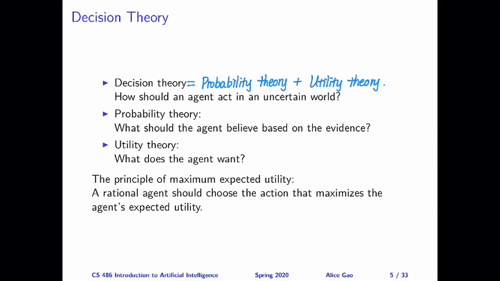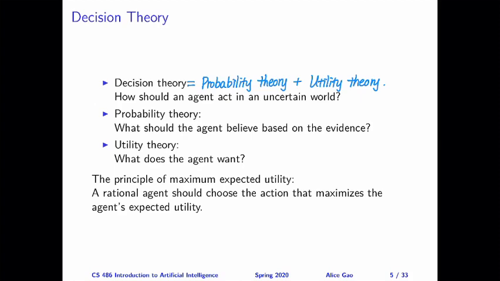So we can use utility theory to measure how happy the agent is in each potential state of the world. By using the agent's utility function, we can guide the decision-making process. A utility function assigns a single real number to each possible state of the world, and this real number is used to measure how happy the agent is in that world.